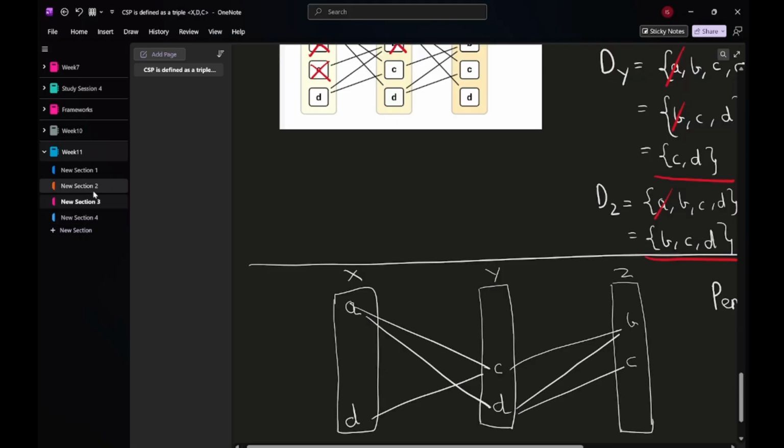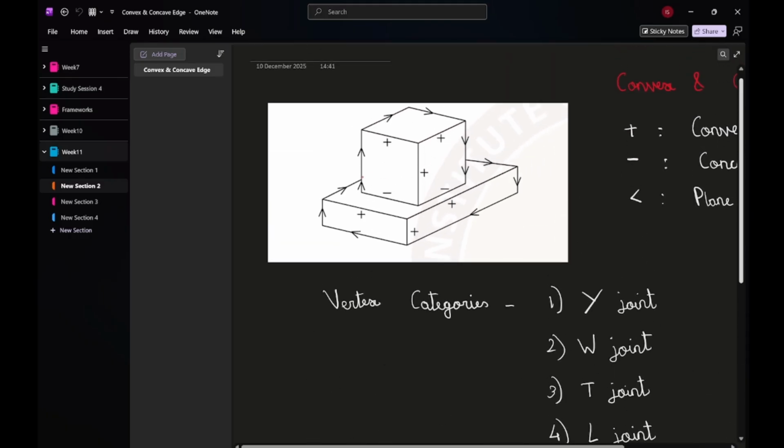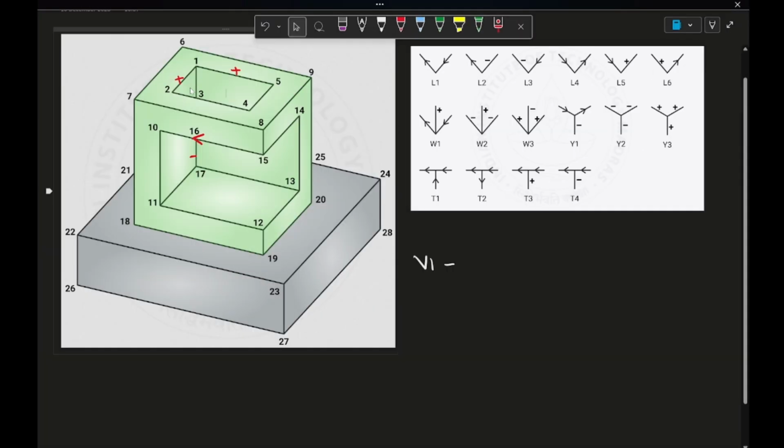We cannot necessarily say that W3 will come at that junction. In this case it is possible, but just looking at the model, it would be difficult to say, because we do not know if there is a layer beneath that. It's not visible to our eyes, so it could vary also.